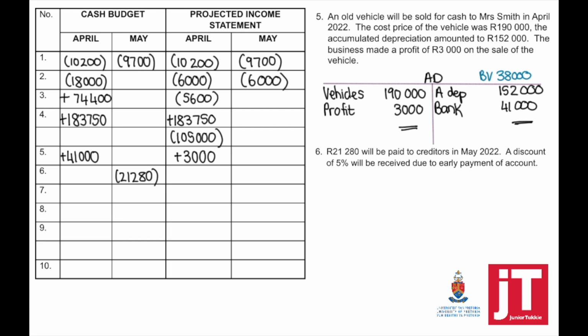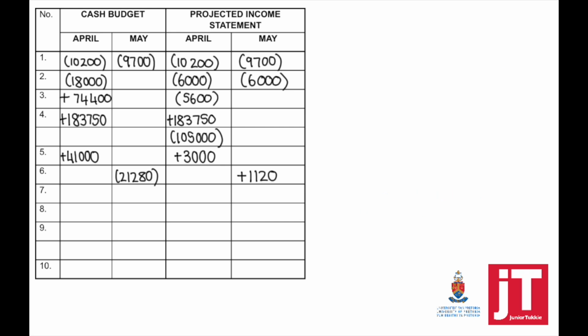Now they provided the amount which we will be paying. And then they said 5% will be received for early settlement. This means we need to take 21,280 times 5 divided by 95 to find out the discount that we will receive in May. Discount received is an income, so plus.